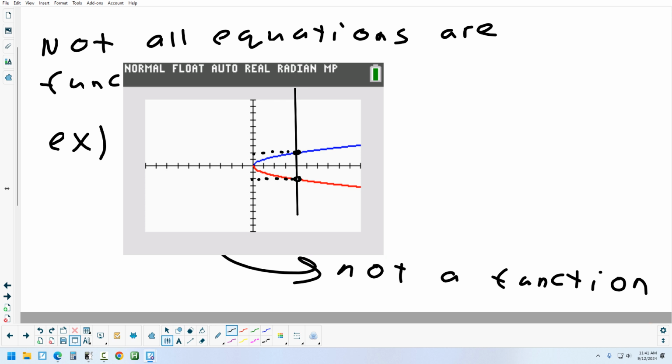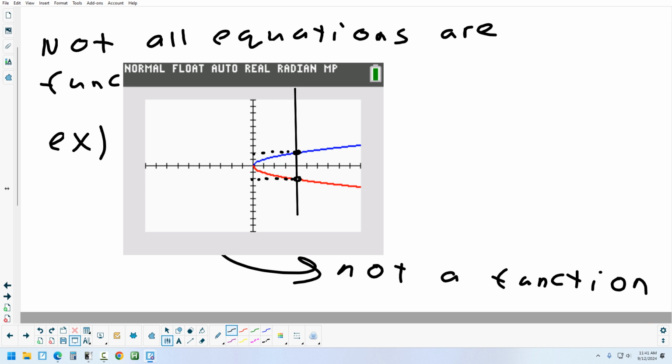It's the test to see if something is a function when you have a picture. What would you call that black thing I drew? A vertical line, yes.